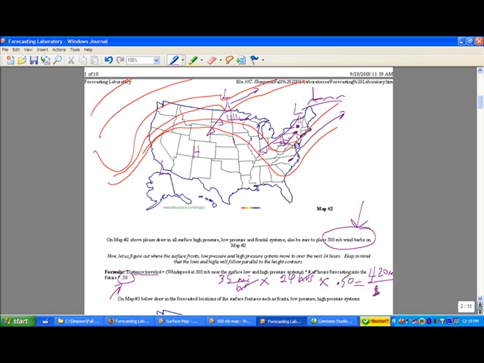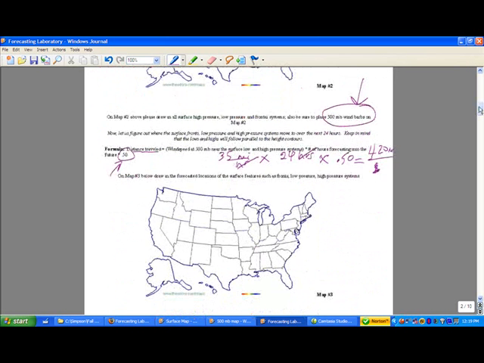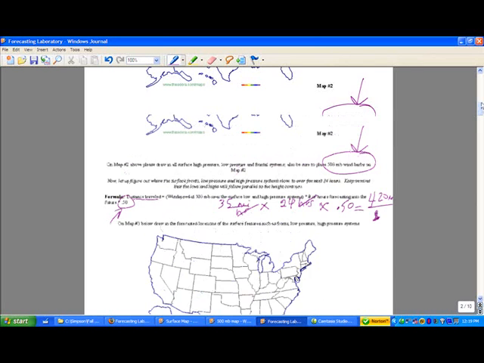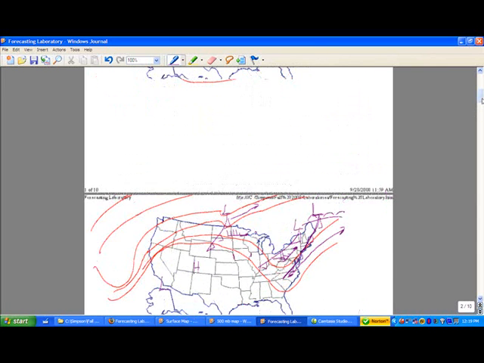So the location of this low pressure system in 24 hours will be further up into Canada. We're also going to move the cold front about 420 miles off to the east-northeast, and so that would be about right here. So in 24 hours, this cold front should be along the eastern seaboard.